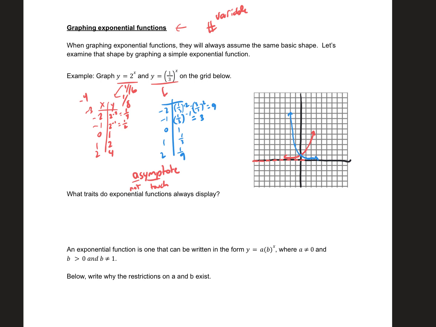Now, the blue graph is also going to have a horizontal asymptote, but it doesn't touch the x-axis when it goes to the positive side. So that's where I'm going to draw the axis for it.